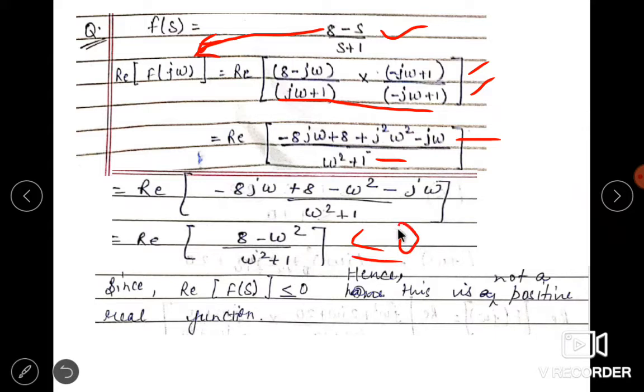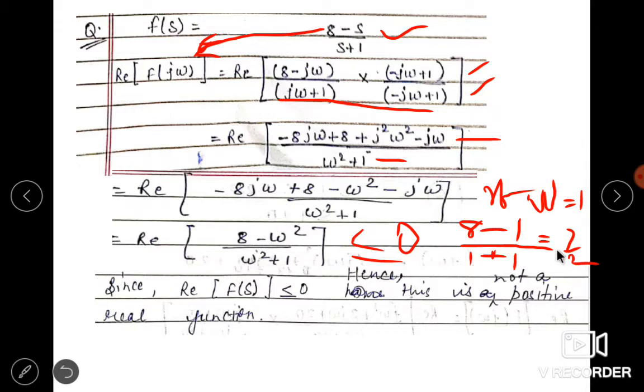Why am I saying this? If omega is equal to 1, put it over, that means 8 minus 1 divided by 1 plus 1, that is equal to 7 by 2.